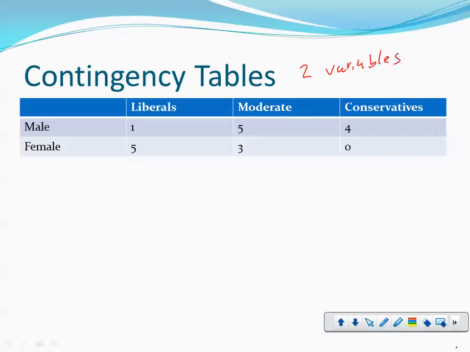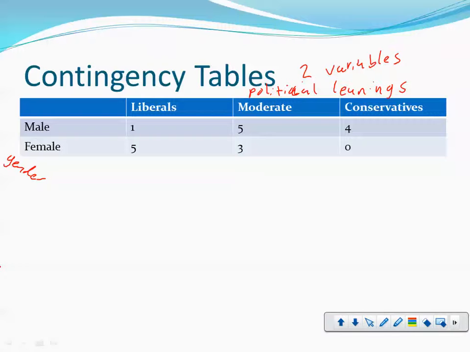In this case, we have political leanings and we have gender. Whereas a pie chart and a bar chart are one variable, measuring one thing.